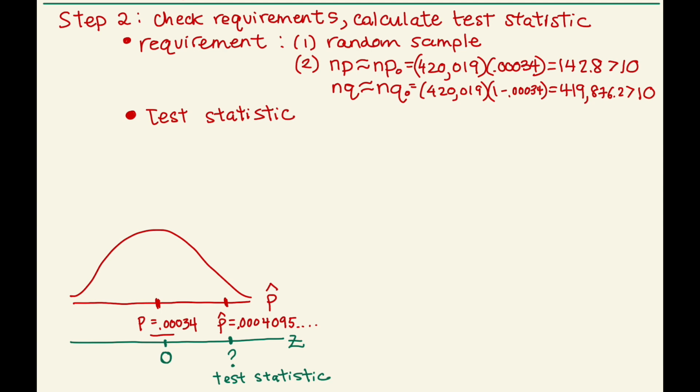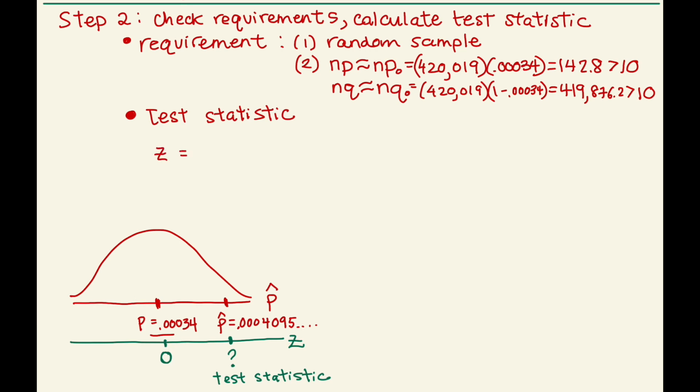We want to know how far apart the null value is from the sample data. How extreme is the sample data if I assume that the null hypothesis is true? So how many standard deviations apart are these two? So we're going to calculate the z-score of the sample data in the distribution of the sample proportions.